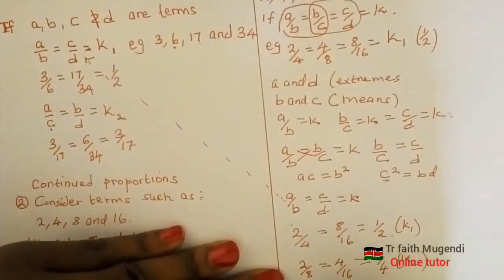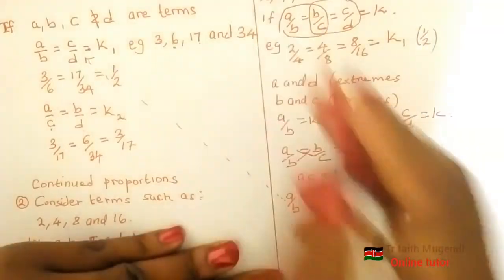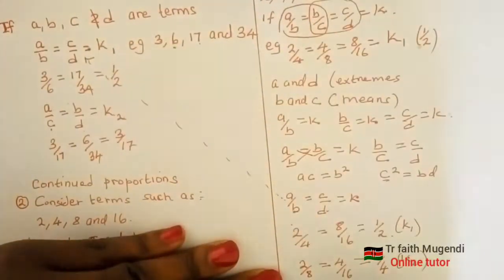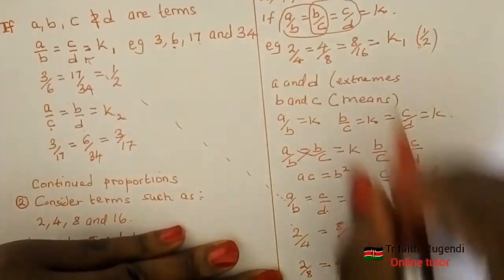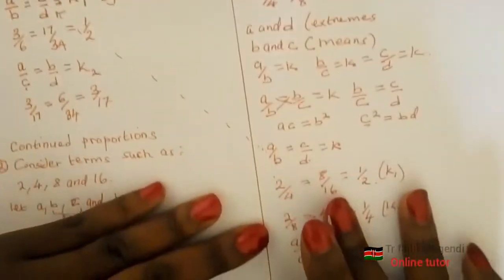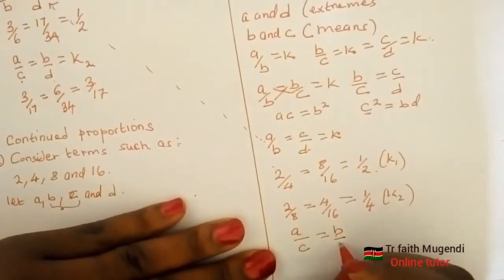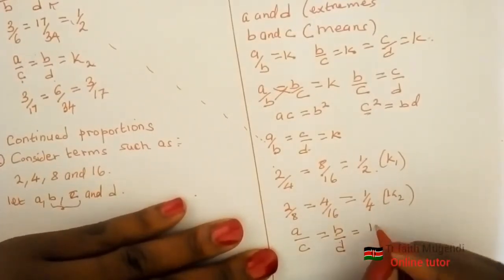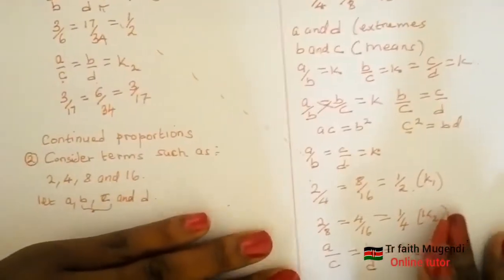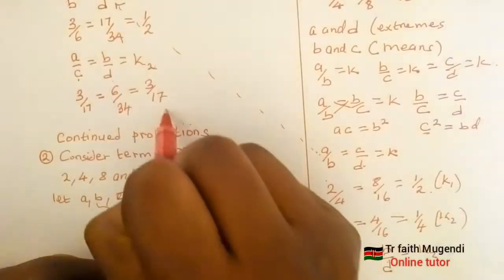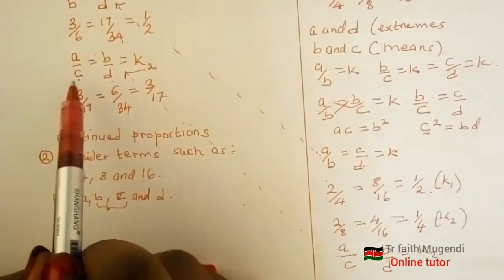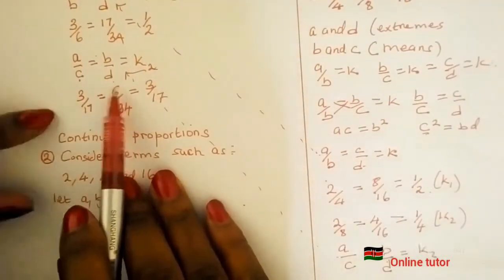So this means that A, because 2 is our A, over 8, which is C, is equal to 4, which is B, over 16, which is D, and is equivalent to another constant, K, which is very well agreeing with what is the compound proportion.